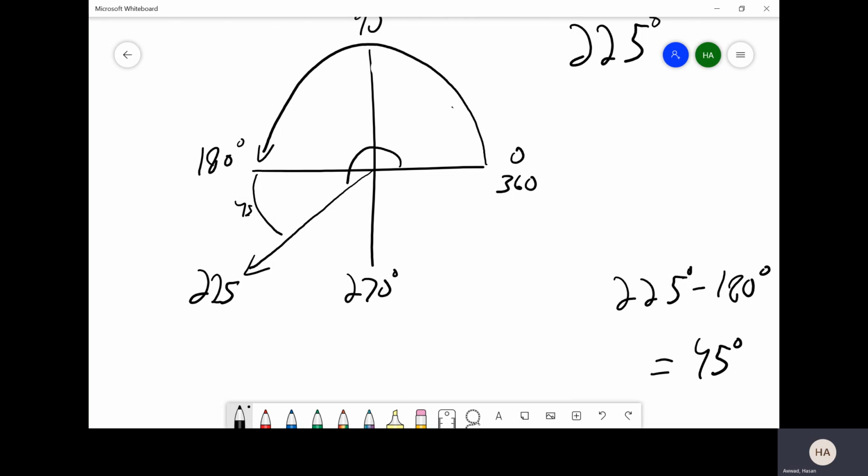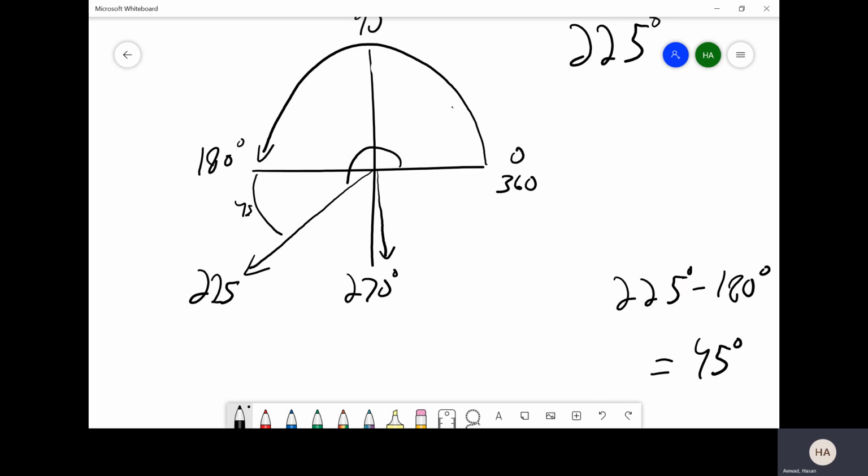Okay, again, the idea is just comparing it to the pieces that make up the quadrants. And that way you can figure out where this lies. If this were 271 degrees, it's more than 270, so 271 would fall somewhere over here. And because it's much closer to 270 than it is to 360, you know how you could accurately draw this. 271 would essentially look something like this, right?